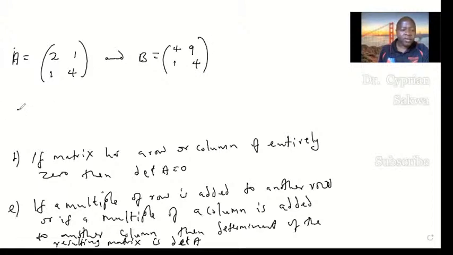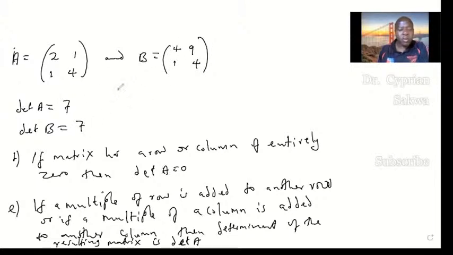The determinant of A is 8 minus 1, which is 7. What about the determinant of B? The determinant of B is 16 minus 9, which is 7.